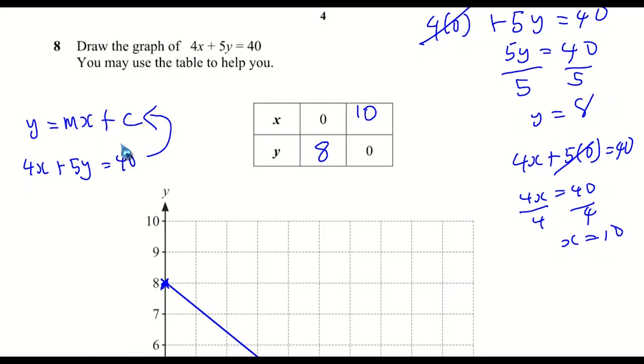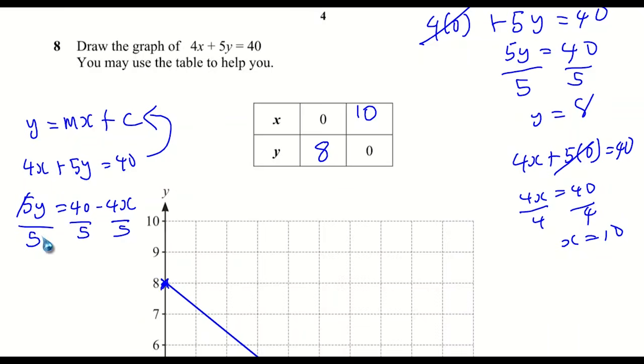Then let's rearrange. So we have 5y equals 40 minus 4x. So we can still rearrange this better. Or let's divide through by 5.